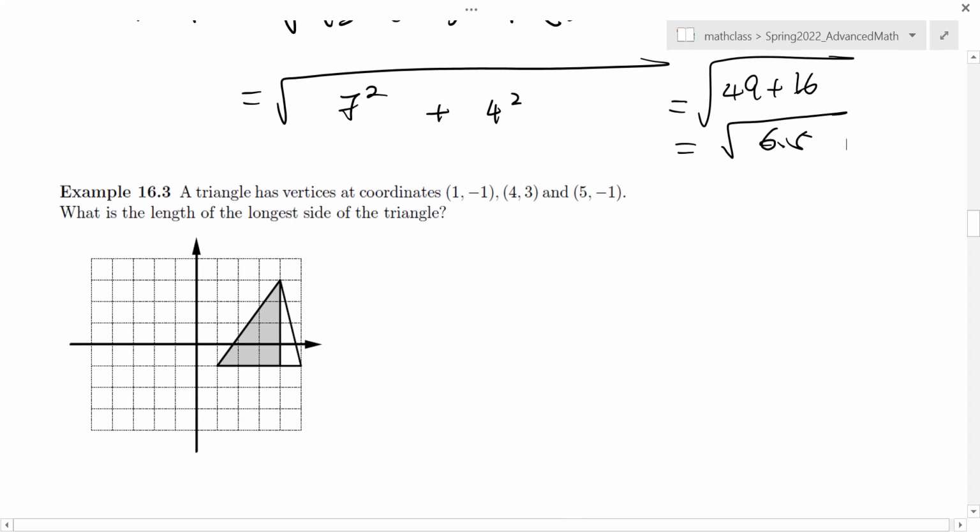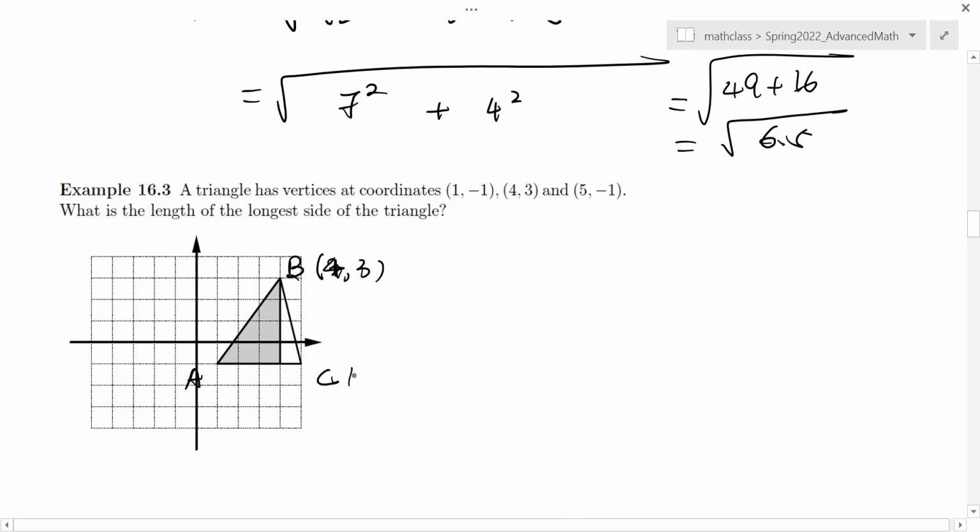I'm pretty sure about this one, let's label it: A, B, and C. B is going to be (4, 3), C is going to be (5, -1), and A is going to be (1, -1).